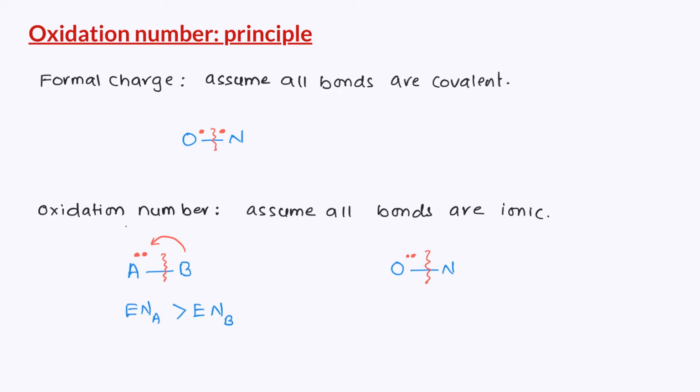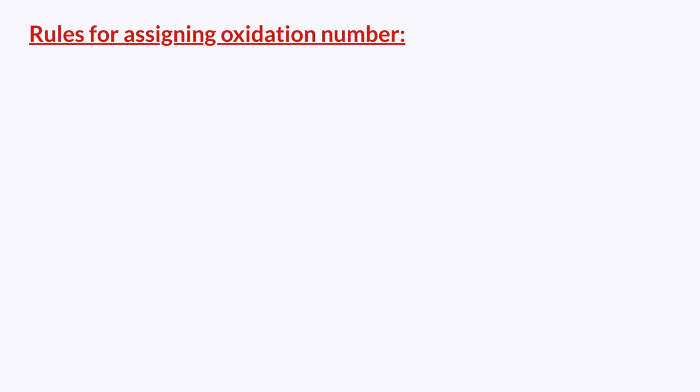In other words, oxygen gets a -1 charge or oxidation number, and nitrogen gets a +1 charge or oxidation number. Next, let us discuss the rules for assigning the oxidation number.